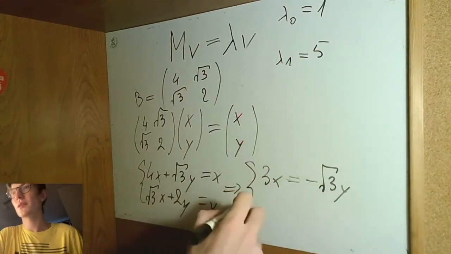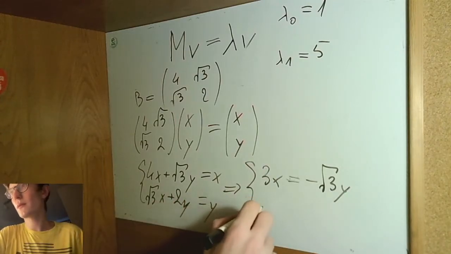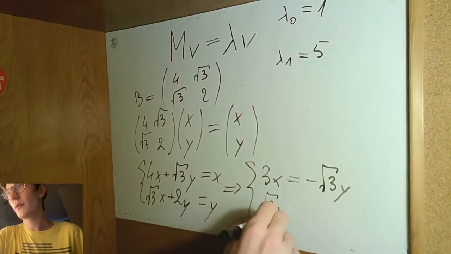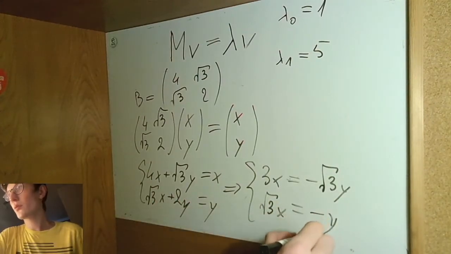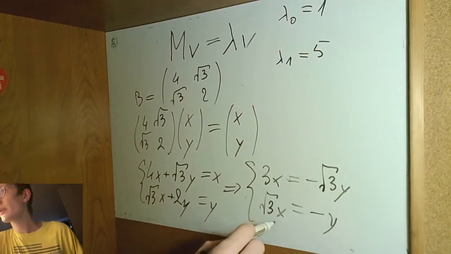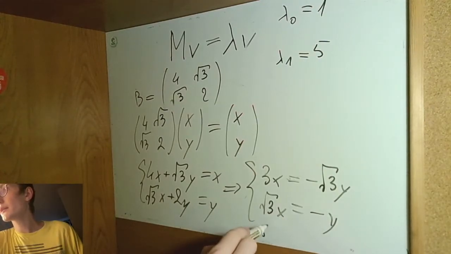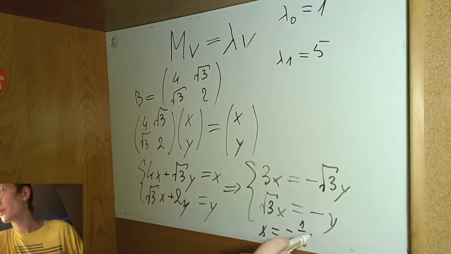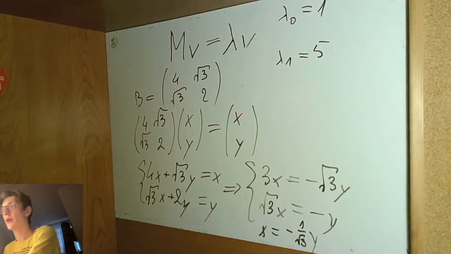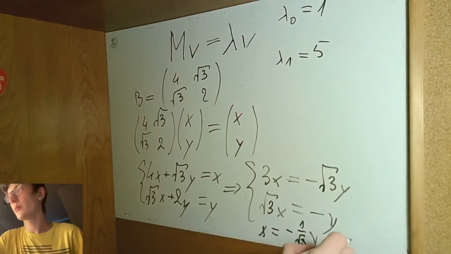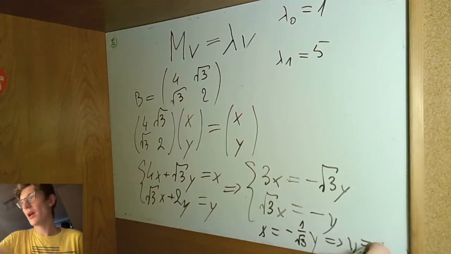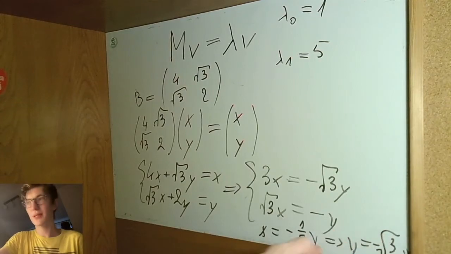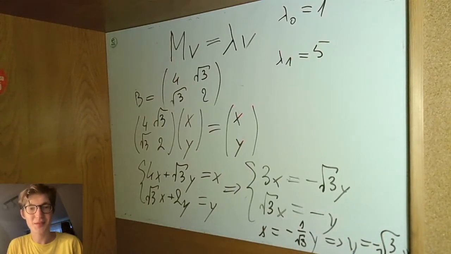What changes is just simplicity, but let's do it this way as we started. Oh, okay, it's maybe better minus y, and we get that x is just minus 1 over square root of 3 times y. Yeah, maybe the other way around would be better. I mean, it's more elegant to write y equals minus square root of 3 times x, but this one also works. It's the same, right?